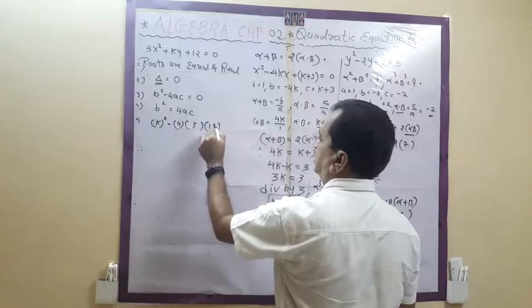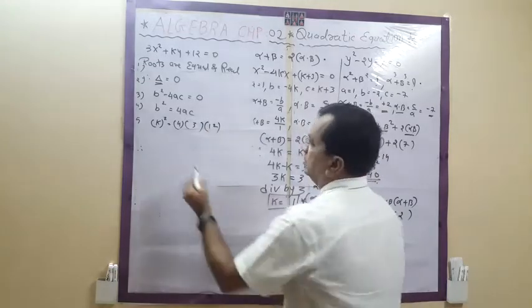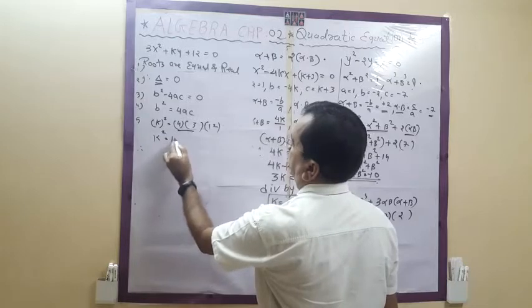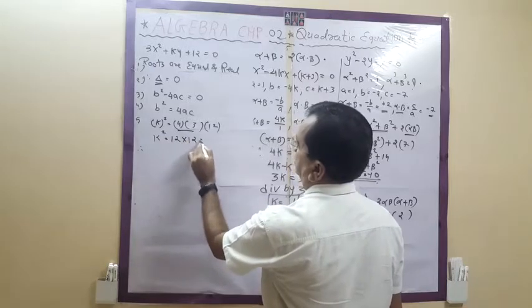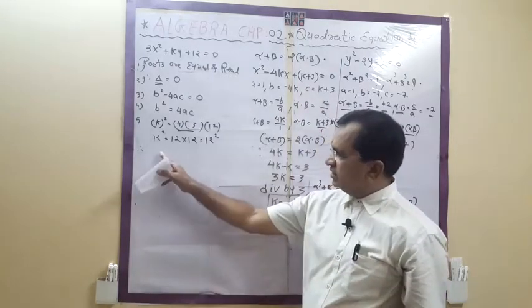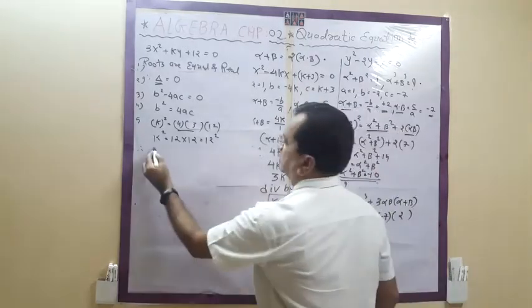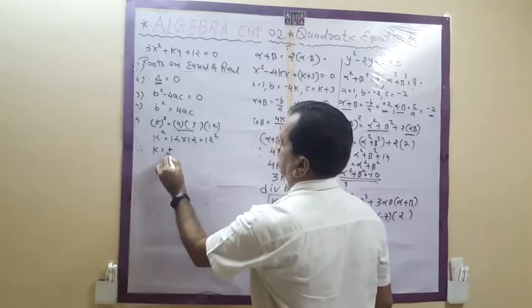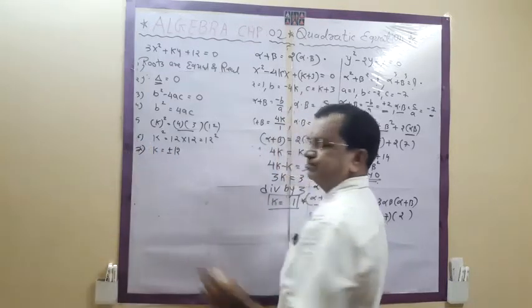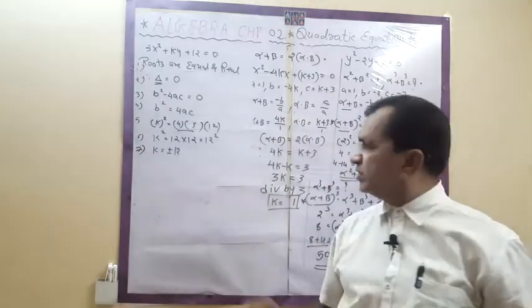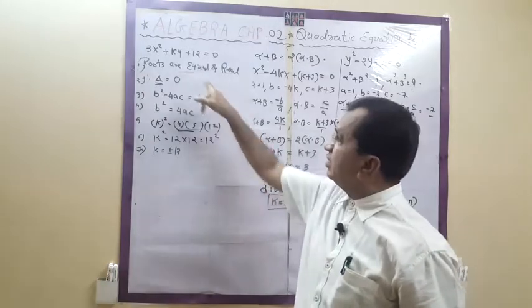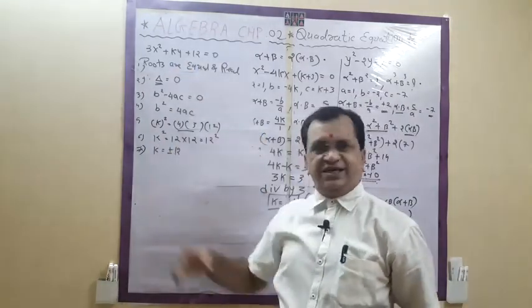What is c? 12. Follow. So k square is equal to 4 into 3 into 12, which is 12 square. Don't make the product. K square is equal to 12 square. So k is equal to plus or minus 12. Follow? So this is given, only you have to substitute. Then the unknown number you will get, that is k.